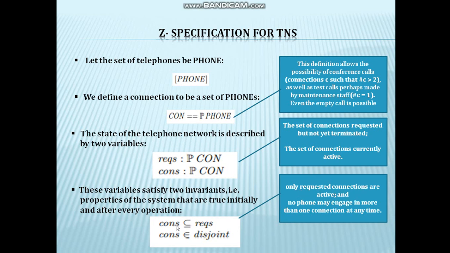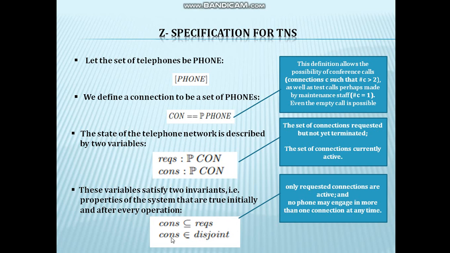This first condition says that cons, which are the active connections, are a subset of our requested connections. The requested connections will be many, but active connections will be a subset of those requested ones.